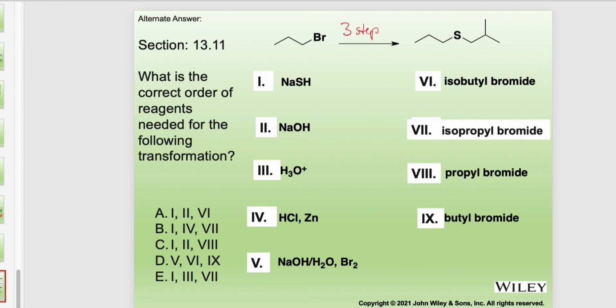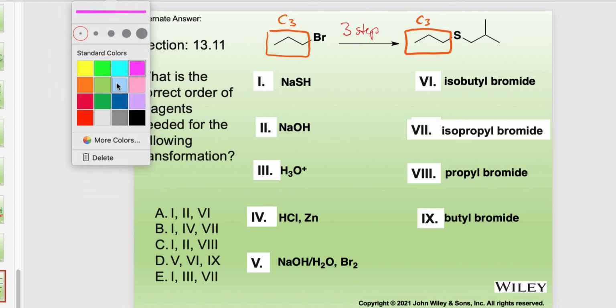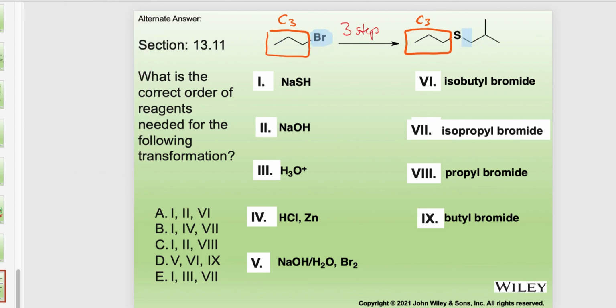So we can definitely see that this comes together with certain pieces. We have a propyl group here. So that's my C3, C3, C3. All right, the bromine has been replaced with a sulfur.